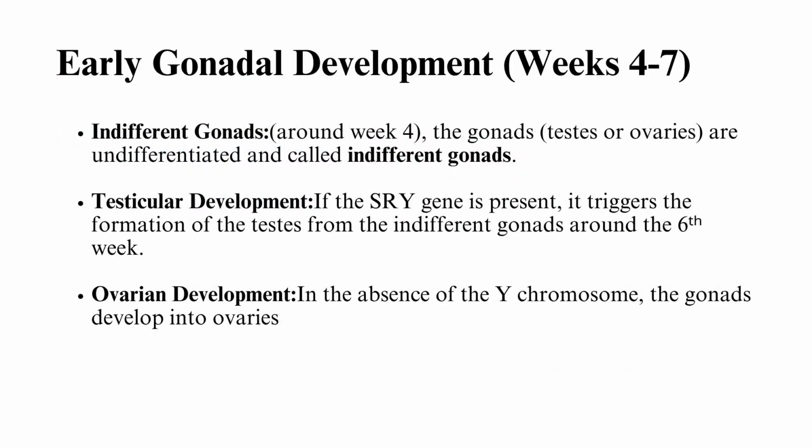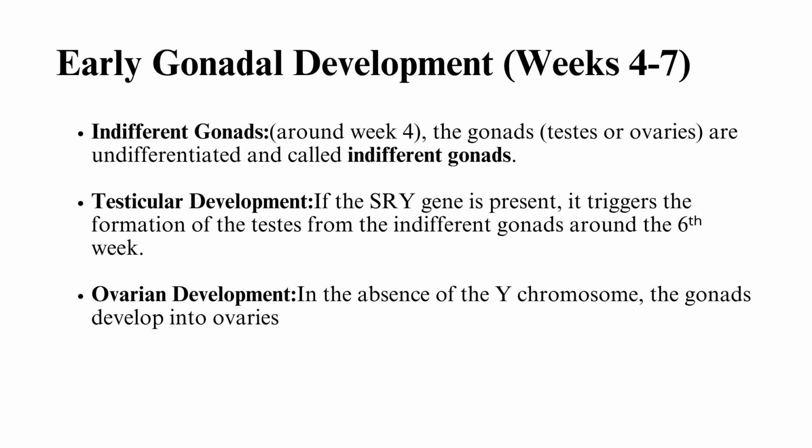Second, early gonadal development, weeks 4 to 7. Indifferent gonads: in the early stages of embryonic development, around week 4, the gonads, testes or ovaries, are undifferentiated and called indifferent gonads. These gonads have the potential to develop into either testes or ovaries, depending on the presence or absence of the SRY gene. Testicular development: if the SRY gene is present, it triggers the formation of the testes from the indifferent gonads.